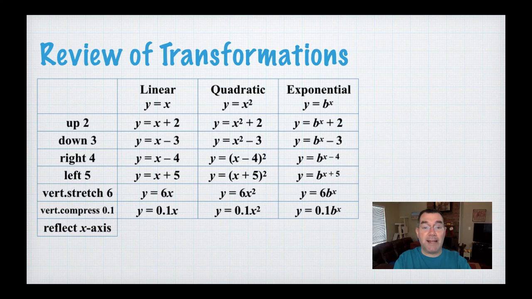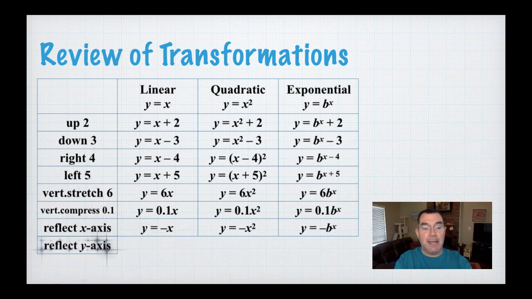And if you want to reflect around the x-axis, then what you would do is you would simply take the parent function and make it negative. So y equals x will become y equals negative x. Y equals x squared will become y equals negative x squared, and y equals b to the x will become y equals negative b to the x. All right? And if I want to reflect it around the y-axis, then just like moving left or right, the change is only going to happen to the x part of the function.